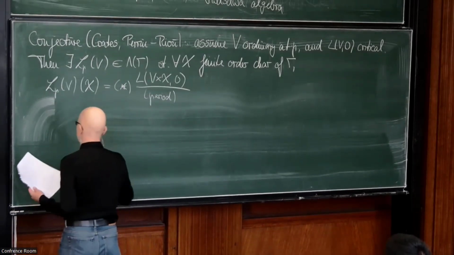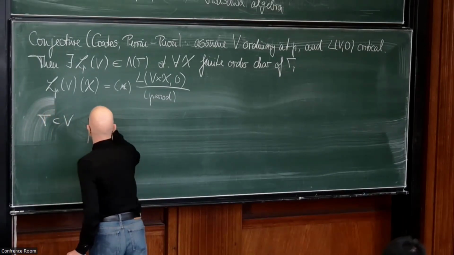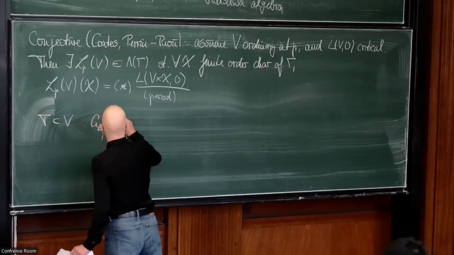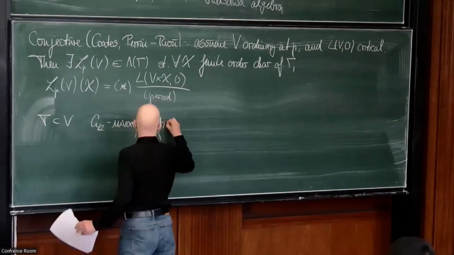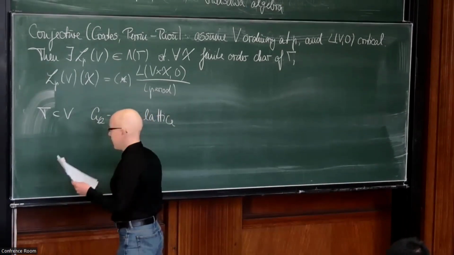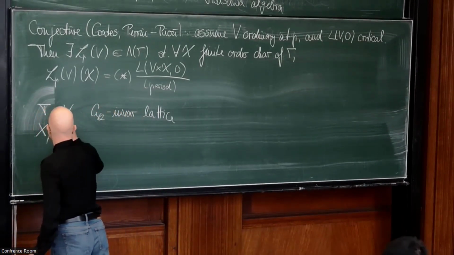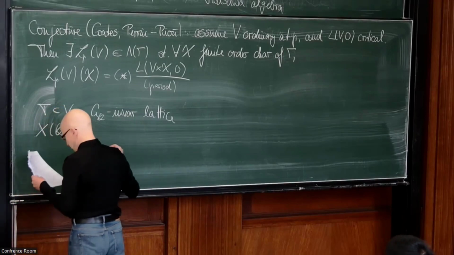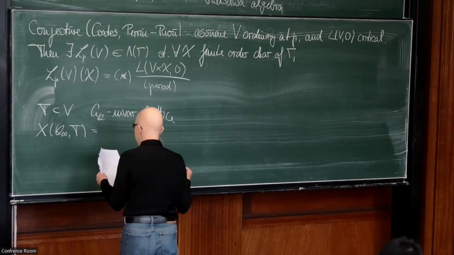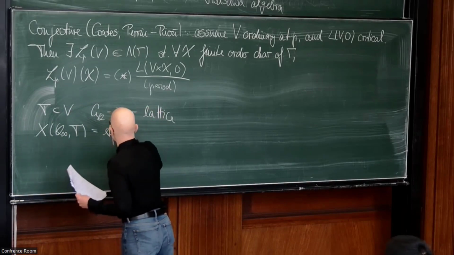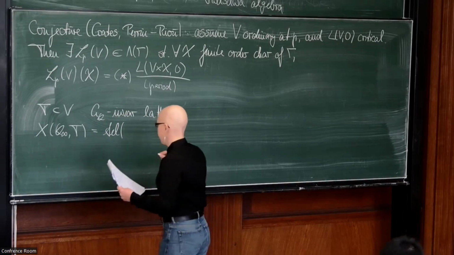Now, the Iwasawa main conjecture relates such a p-adic L-function to a Selmer group of the Galois representation. To explain this, we let T inside V be a G_Q-invariant lattice. We can then consider the object, which I denote by X_{Q_infinity}(T). So what is this? Well, it is some Selmer group of the Galois representation over the cyclotomic Z_p-extension.